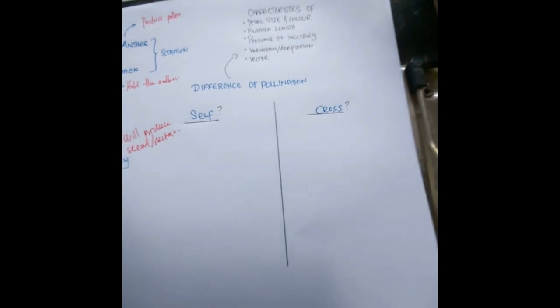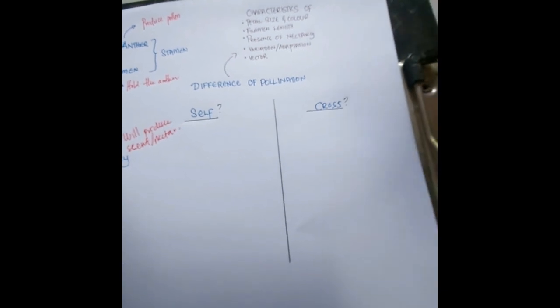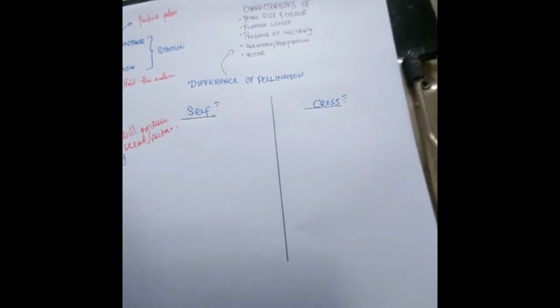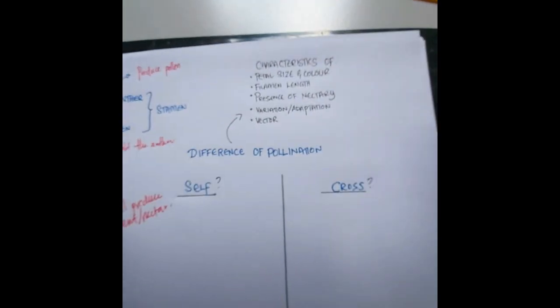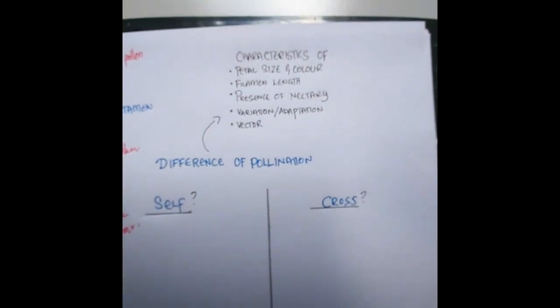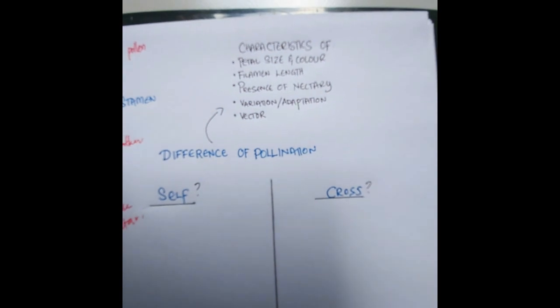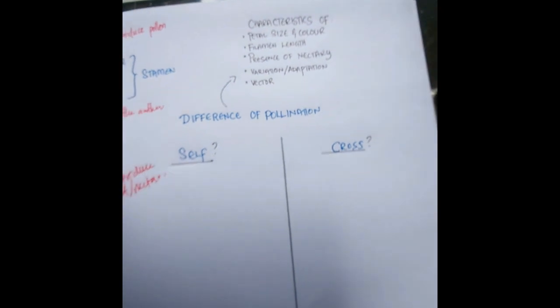A few moments ago in the video, I discussed the different components of the flower. Now the flower itself will depend on two different kinds of pollination method: one is self-pollination, another one is cross-pollination. In order to know the difference, we need to know what characteristics we will be comparing: the petal size and color, the filament length, the presence of nectary, the variation and adaptation, and also what kind of vectors.